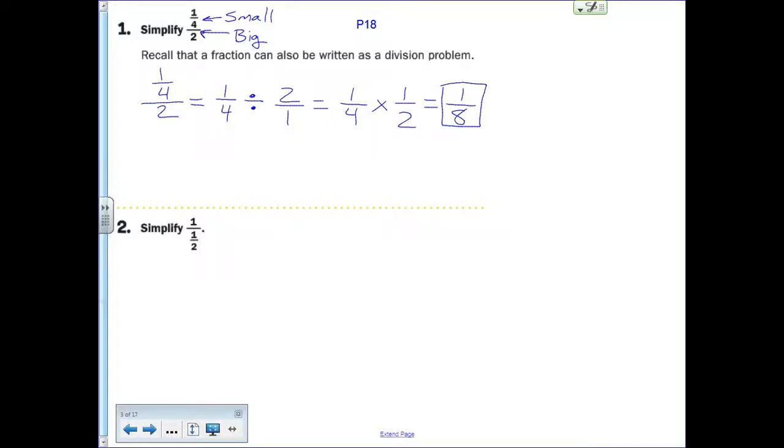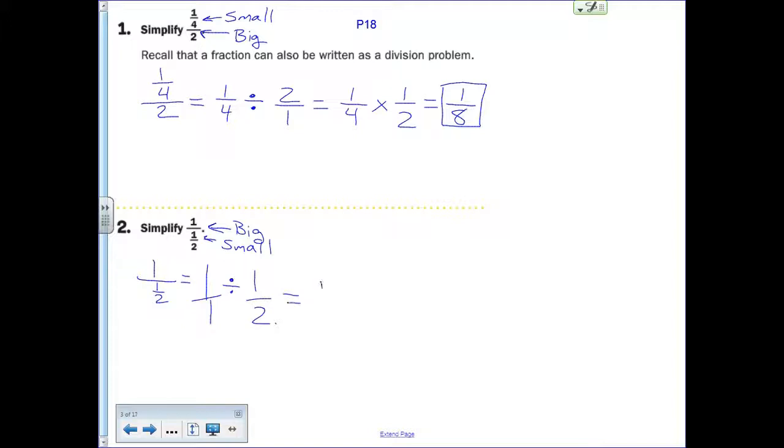Look at number 2. It says simplify 1 over 1/2. This time, the big bar is here, and there's a little bar here. So 1 over 1/2. So we would take 1, use the division sign for the big bar, and then 1/2. Well, we would put 1 as 1 over 1.